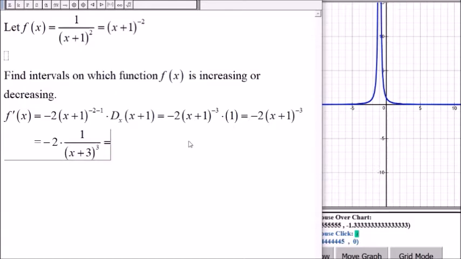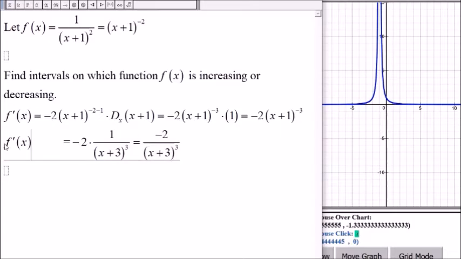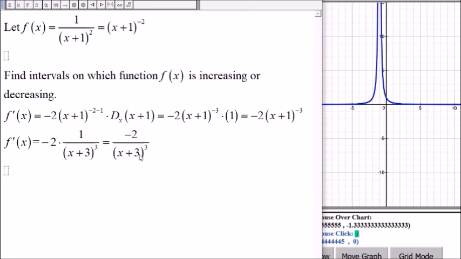And so this becomes negative 2 over (x plus 1) cubed. It looks like the only critical number is where the derivative is undefined. If we put negative 3 here, then negative 3 plus 3 is 0, and that will make this undefined.